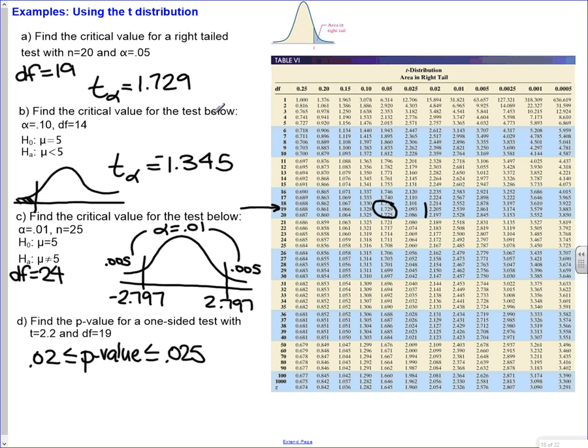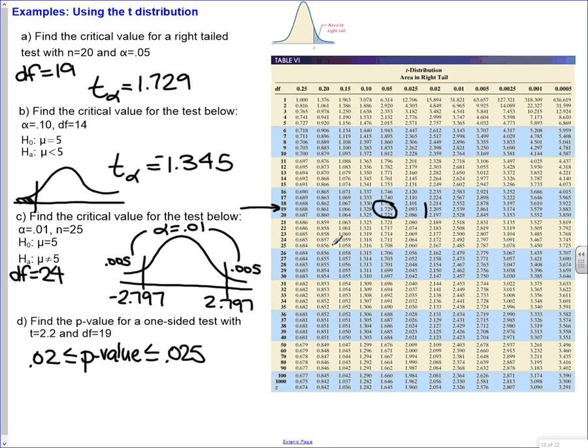Find the critical value for this test. We've got alpha equal to 0.1, and degrees of freedom is 14. Notice the alternative hypothesis is that mu is less than 5, so we're going to be on the left side. And remember, just like z values, z's are positive over here and negative over here. The same thing with t's.